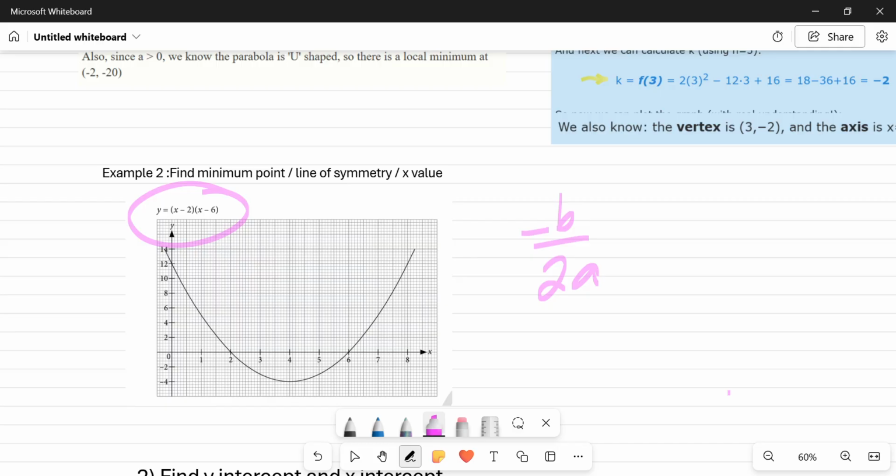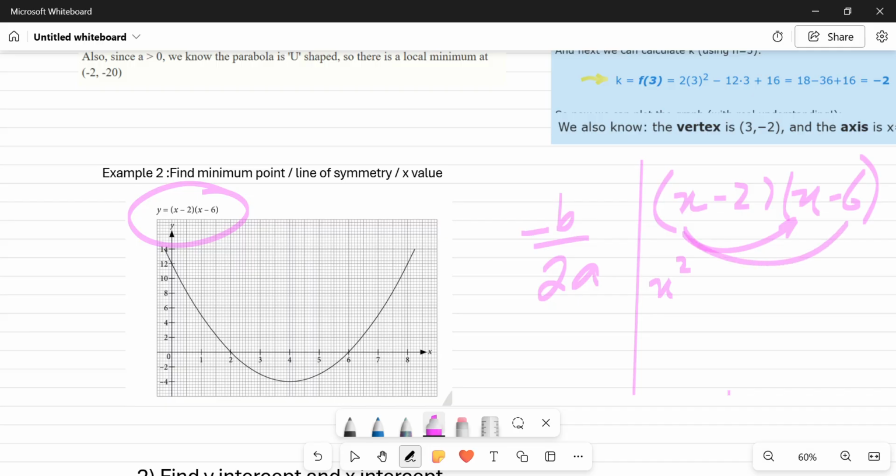The question is x minus 2 and x minus 6, so you need to bring it to the form of a standard equation. When we multiply x with x, it gives you x squared.